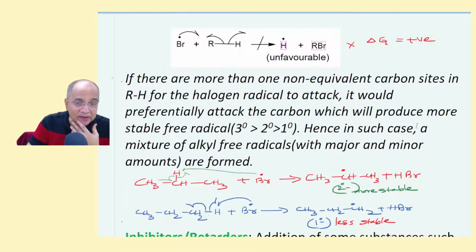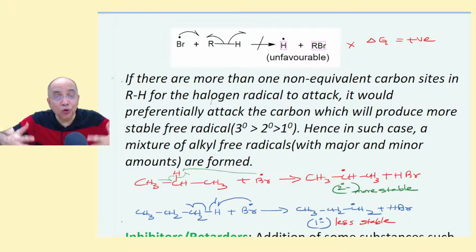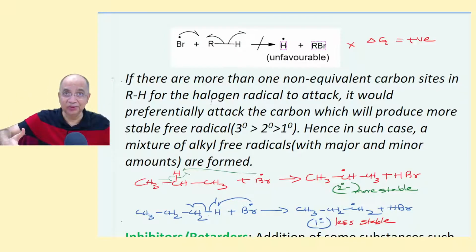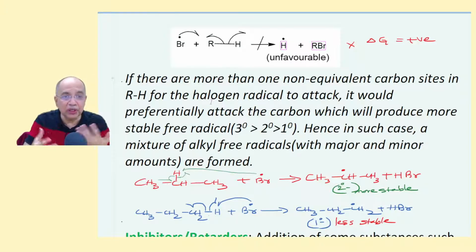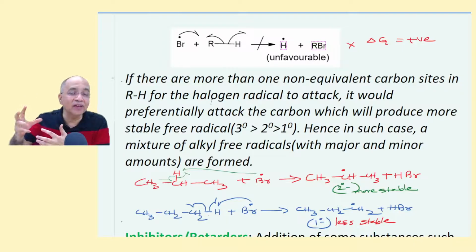And in fact, if a particular alkane contains more than one type of carbon where substitution will occur, it has a 1 degree carbon, 2 degree, 3 degree. So there is always a preference of the radical attacking the different types of carbon atoms.